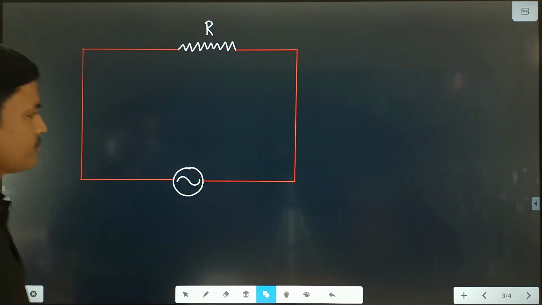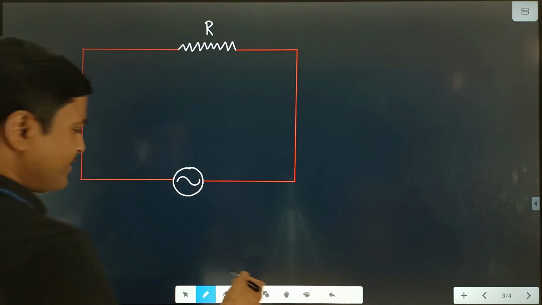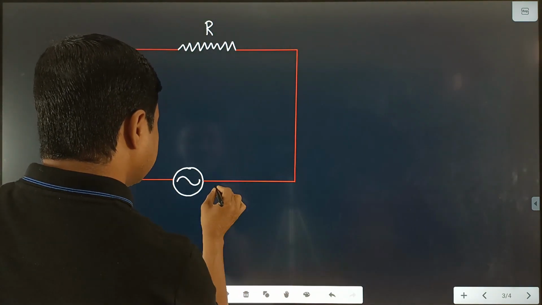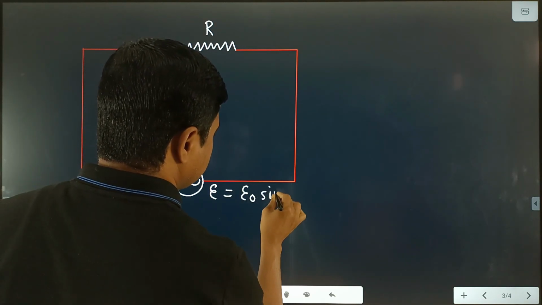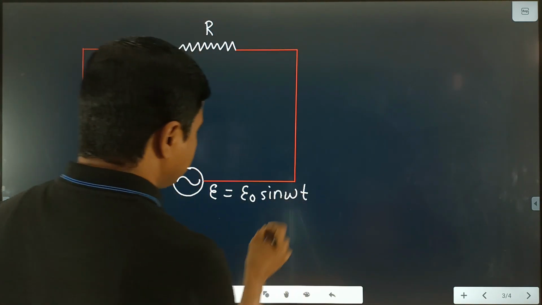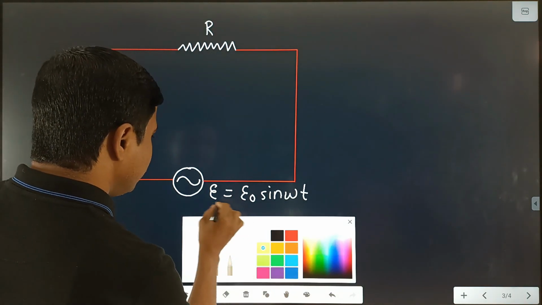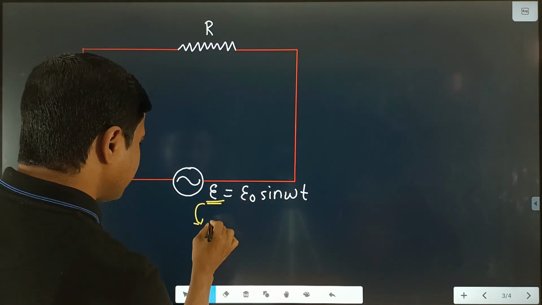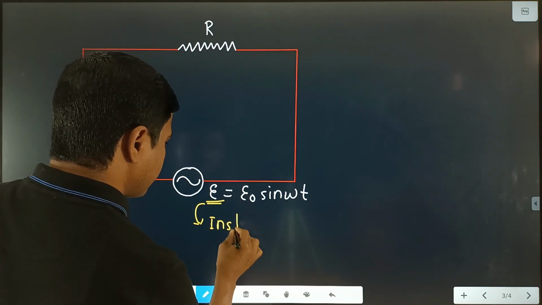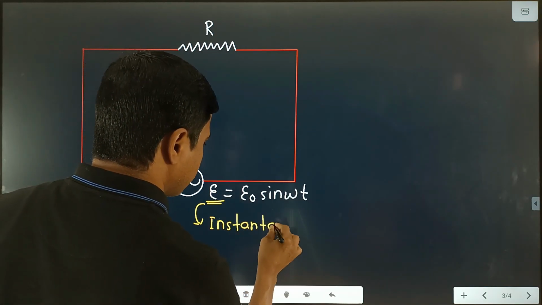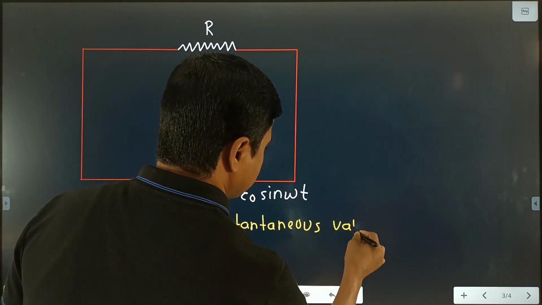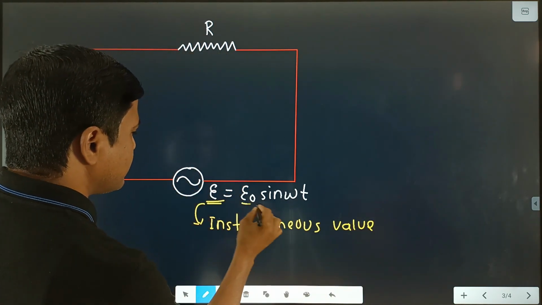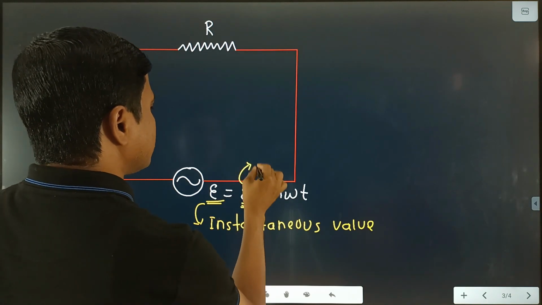Now circuit is closed, and this applied EMF we write that is E is equal to E0 sin omega t. Here E is known as the instantaneous value of EMF.